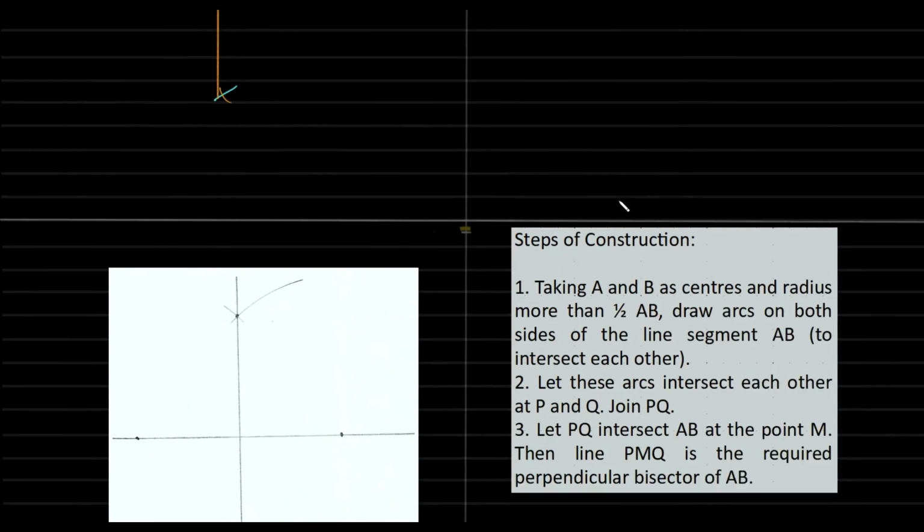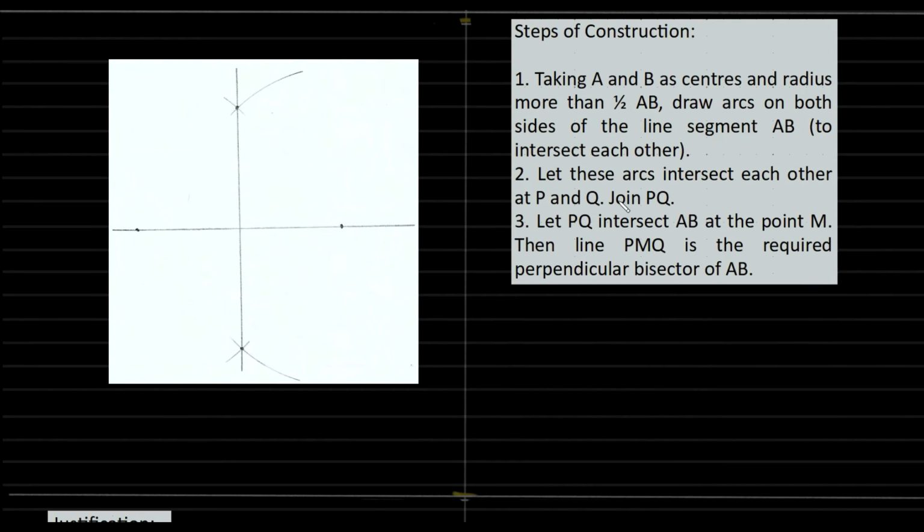So steps of construction, so that we concretize the idea. The same thing, whatever we did, I'm just showing it as steps of construction. So the same diagram, I've scanned it, taking A and B as centers. So we have A and B which are 8 centimeter apart, and a radius more than half of AB. That's very important.